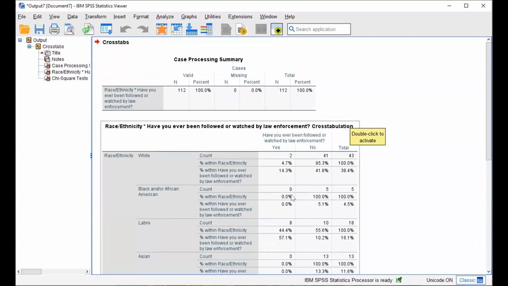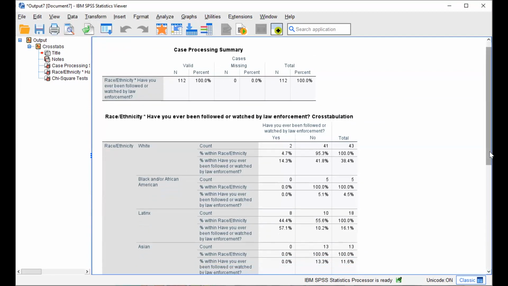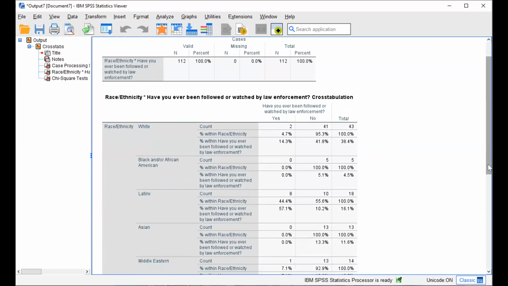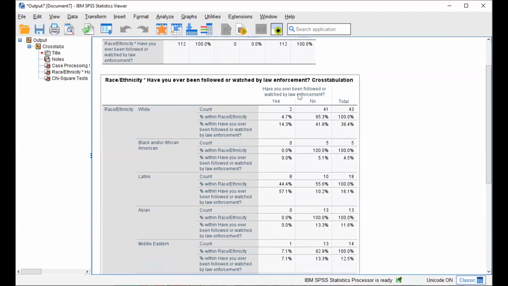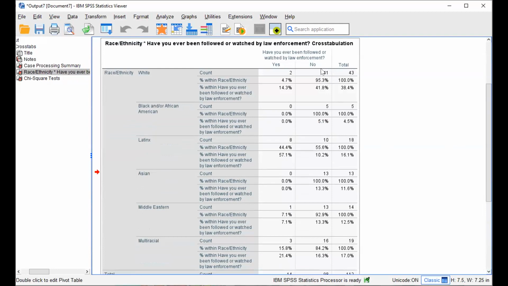So what are all these numbers here? Okay, so the first number here is the count. That's the frequency. So what this is saying is that of all respondents who were white, 2 have been followed or watched by law enforcement, and 41 have not.